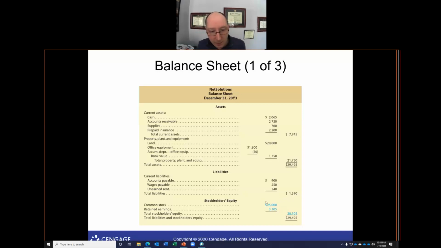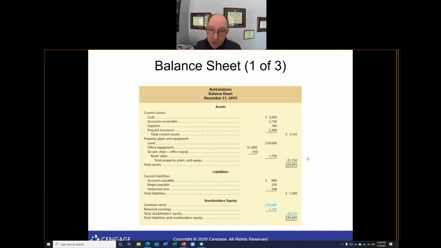Then we take our common stock plus our retained earnings to get total stockholders' equity. Remember the accounting equation. Assets equals liabilities plus equity. So we take our total liabilities plus our total stockholders' equity to equal total liabilities and stockholders' equity, $29,495.